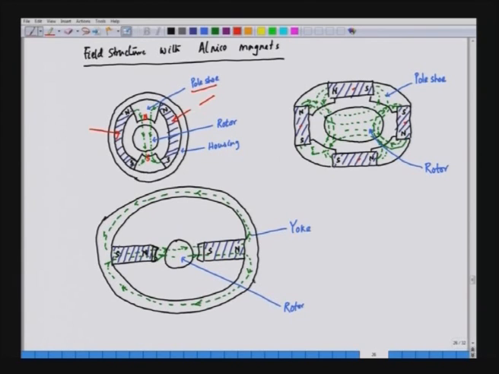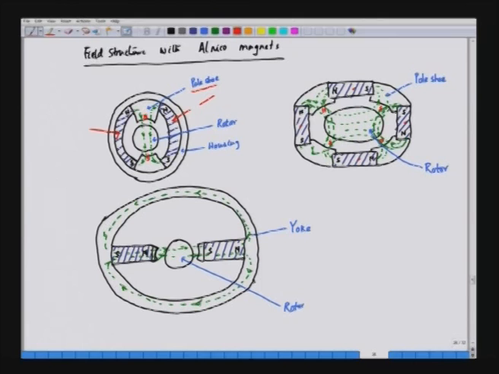This is the north pole produced by these 2 north poles, and here we have the south pole, and then again a north pole here and a south pole here. So, this is an example of alnico magnets resulting in a 4 pole structure.